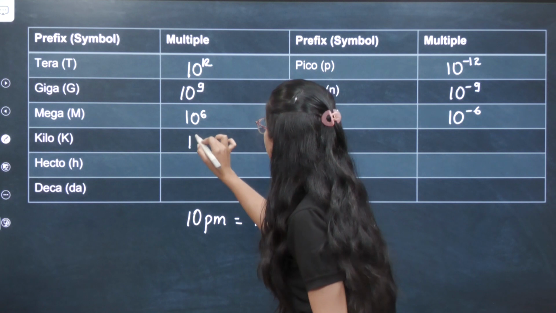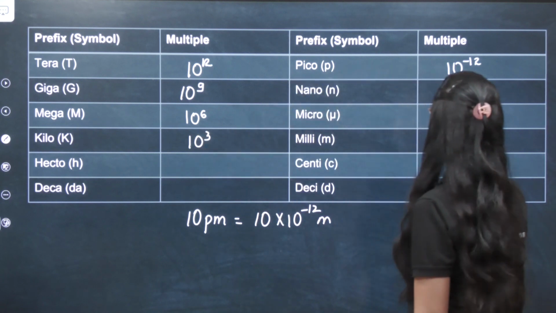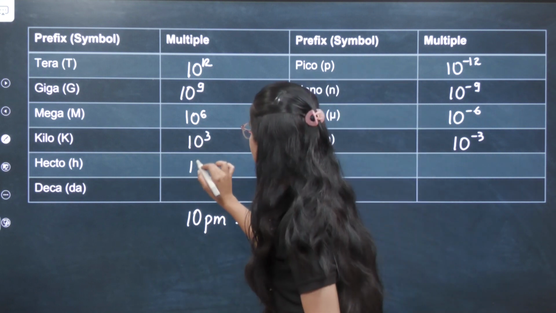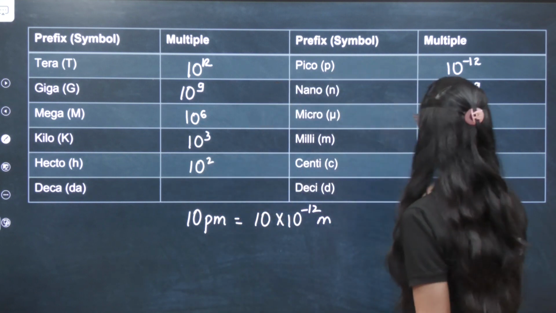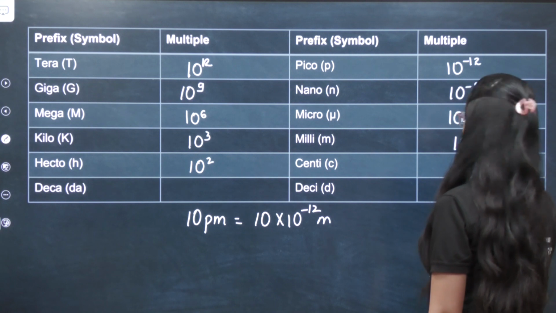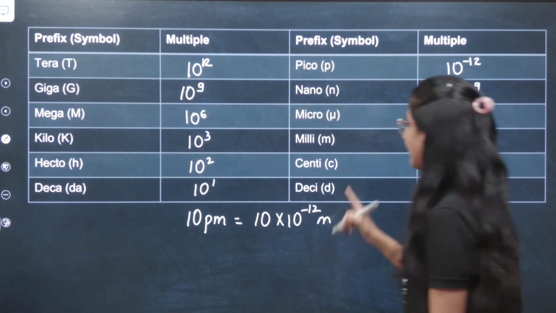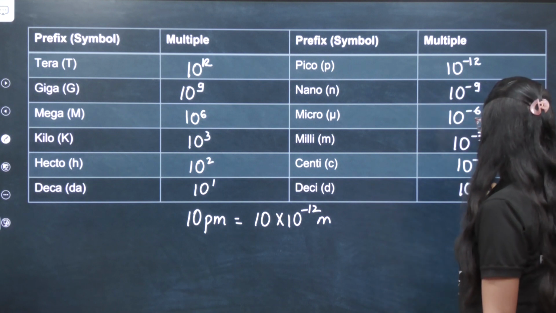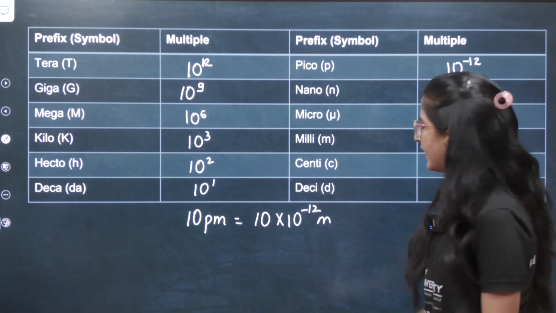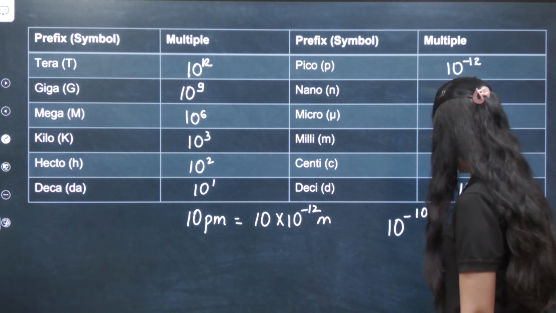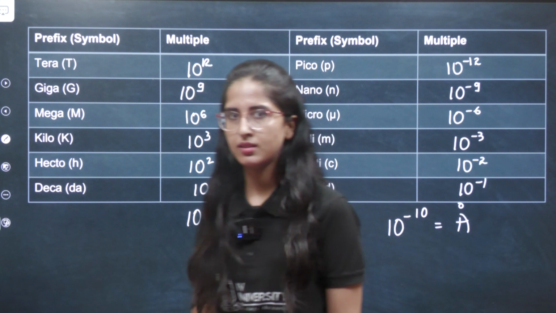Kilo, 10 raised to 3. Milli, 10 raised to minus 3. Hecto, 10 raised to 2. Centi, 10 raised to minus 2. Deca, 10 raised to 1. Deci, 10 to the power of minus 1. And another most important, 10 raised to minus 10 is written as Angstrom unit.